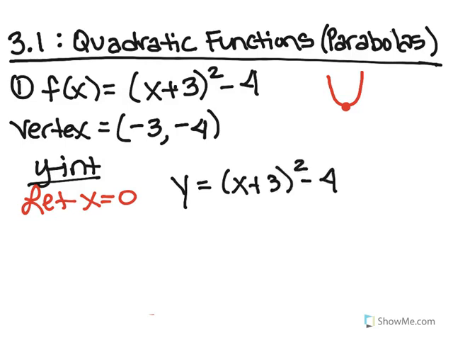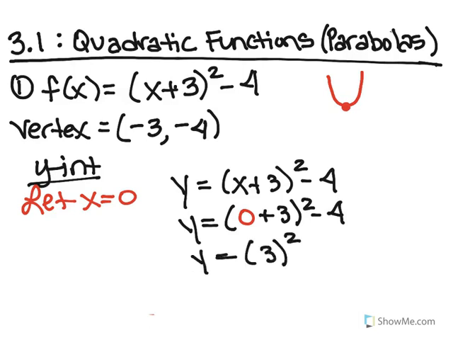And in the place of x, you're going to allow it to be 0, which means it's gone. So technically, you just have 3 squared minus 4. That's 9 minus 4, which is 5. So it's going to cross the y-axis at 5, okay? So we just said that our x-intercepts are -1 and -5. Our y-intercept is +5.